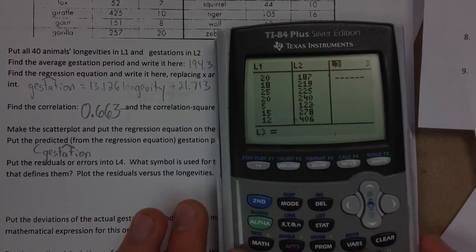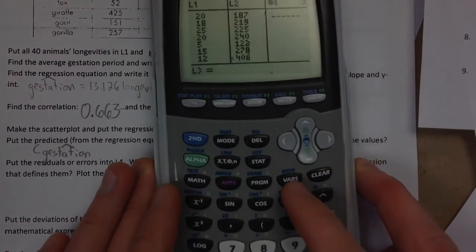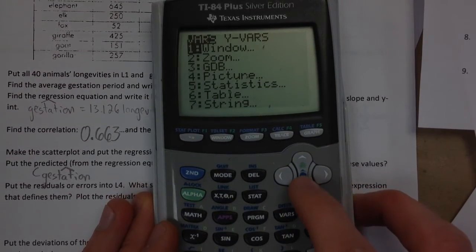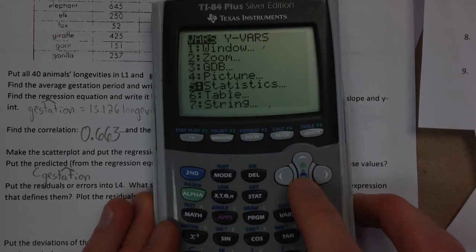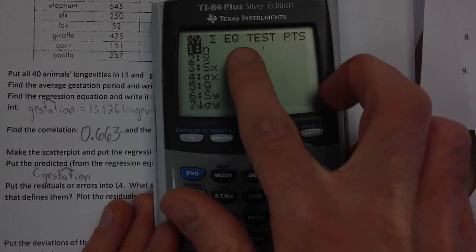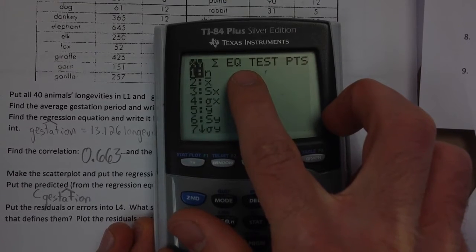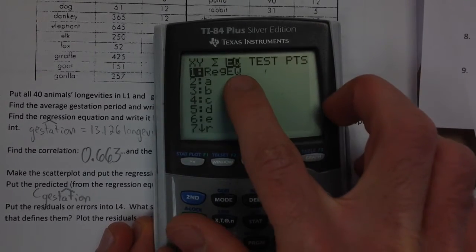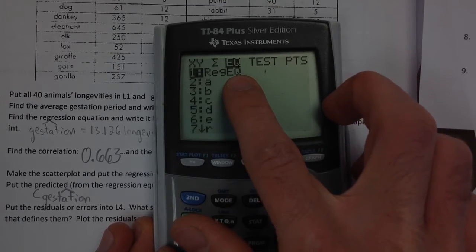If you want to be ultra precise about it, you could go into vars, number 5, statistics, EQ, which stands for equation, and number 1, regression equation.